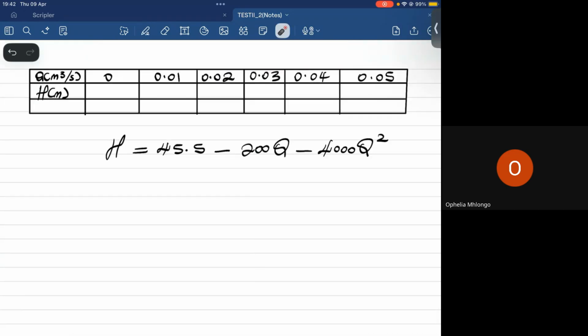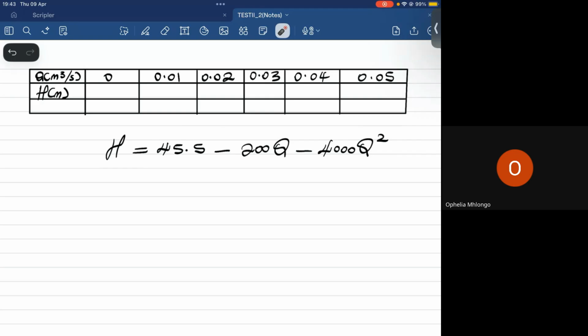To find the readings of the characteristic curve, we have to take these readings of the volumetric flow rate and plug them into this equation respectively, in order to generate the readings of the characteristic curve.